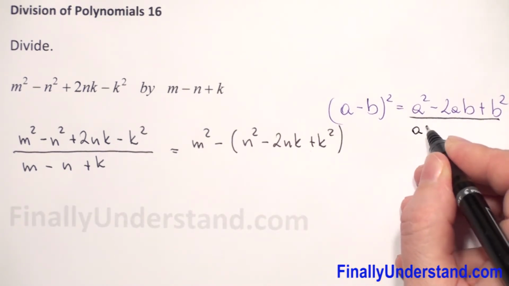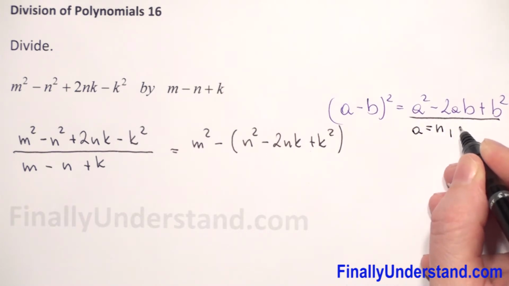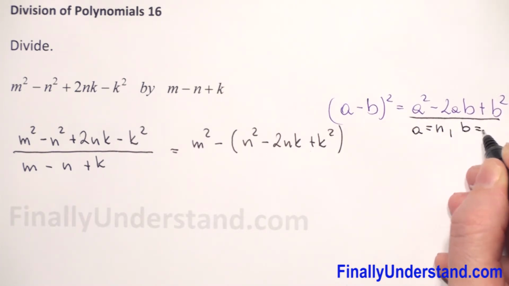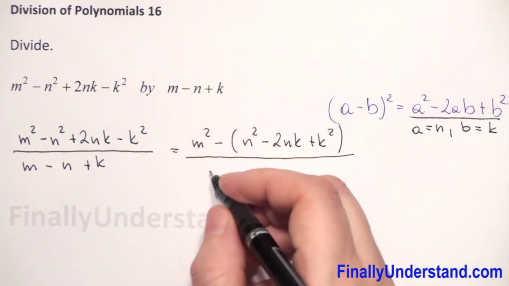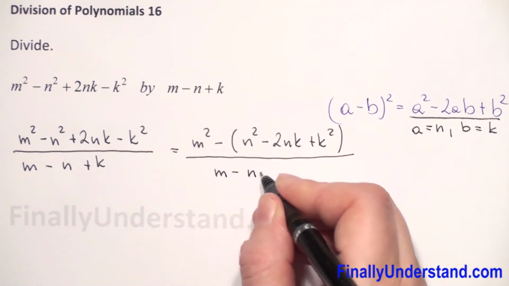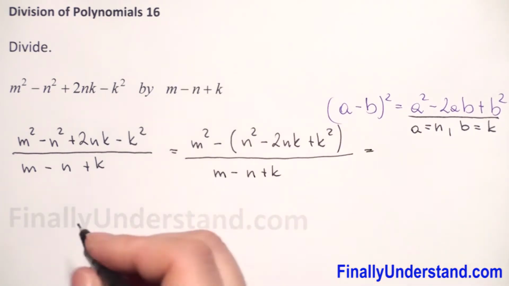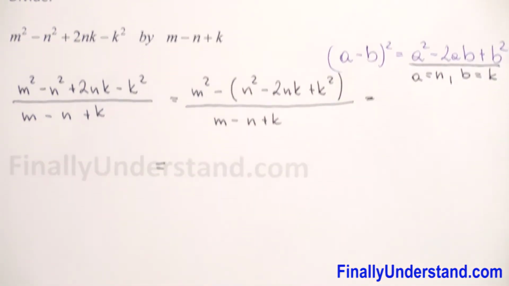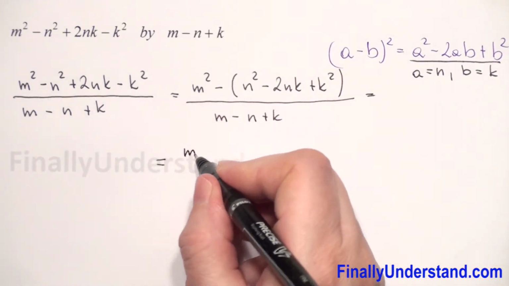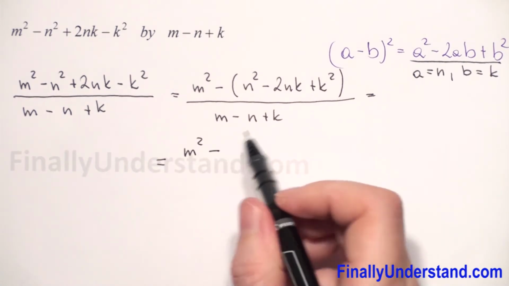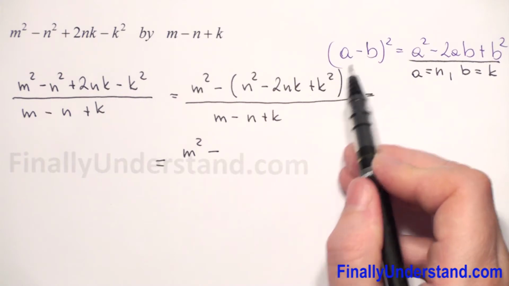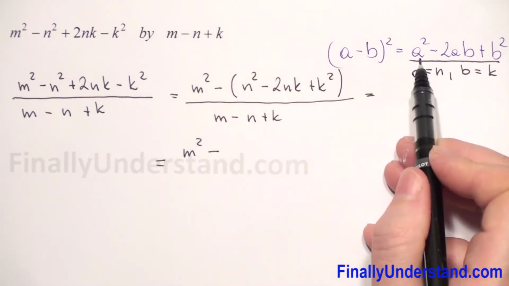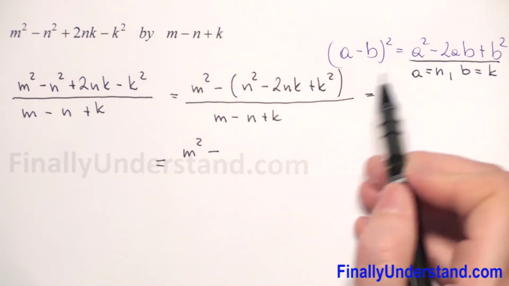Only a is equal to n and b is equal to k. So let me copy the numerator over m minus n plus k, so this is equal. The first term we will copy, and like I said, in parentheses we have the square of a difference, exactly the same as we have here on the right side.